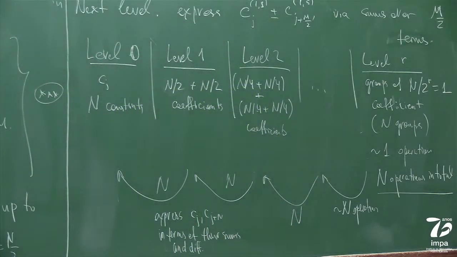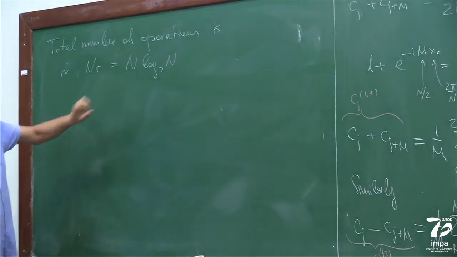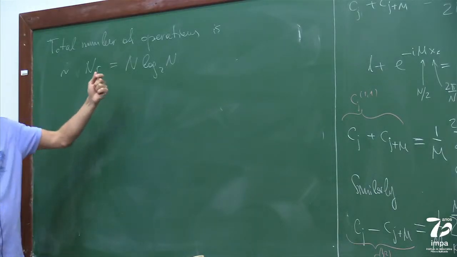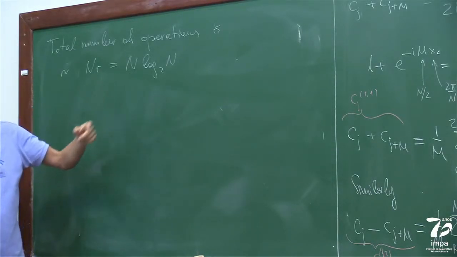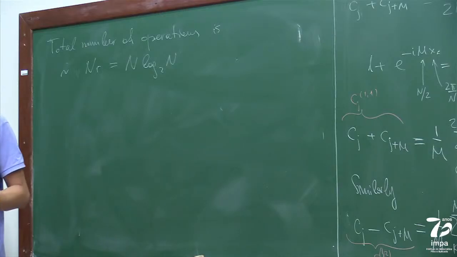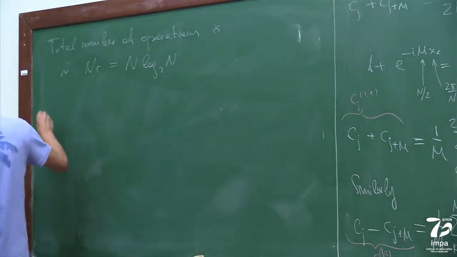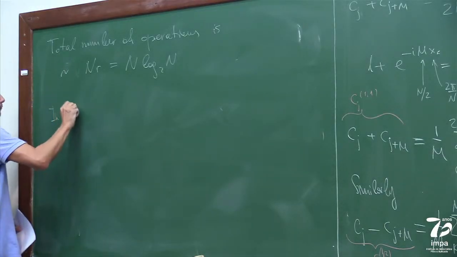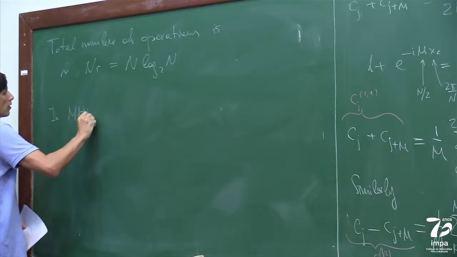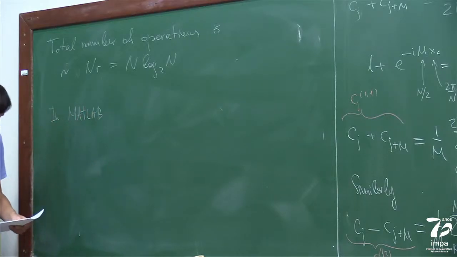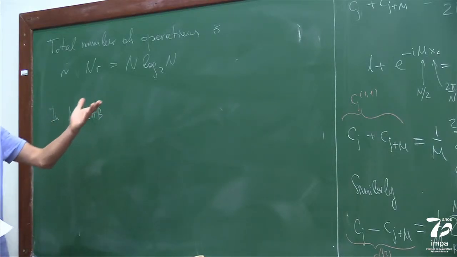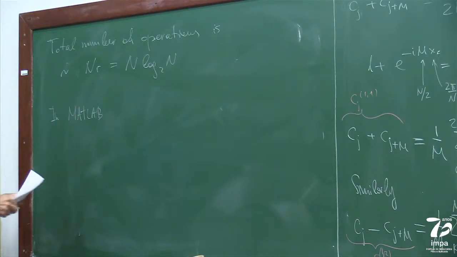So this gives you a huge gain, because instead of n squared, you get essentially n log n, so close to n operations. So in MATLAB, and also in many others, in Python and so on, this is, of course, a simple function.